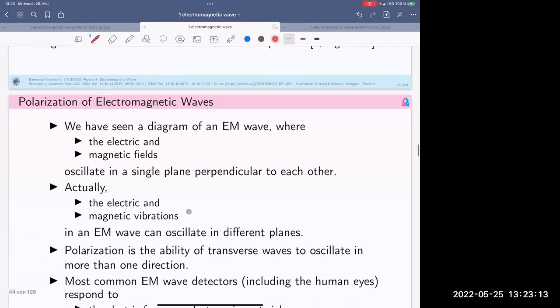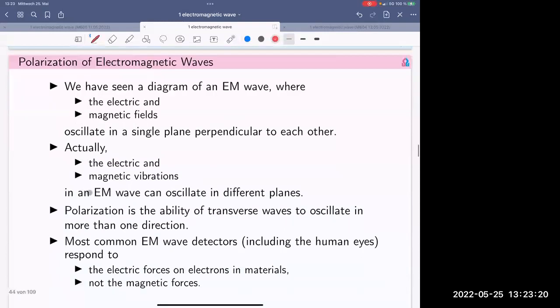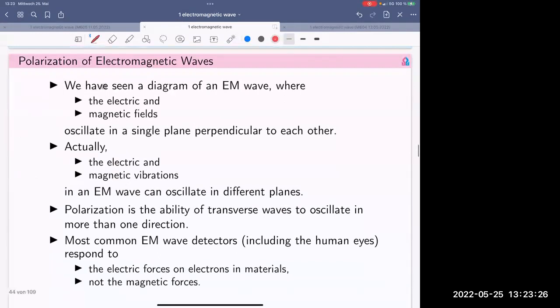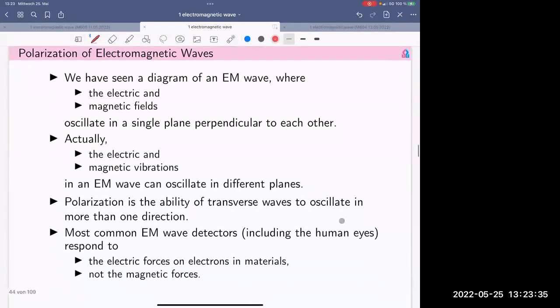The electric and magnetic field vibrations in the EM wave can also oscillate in different planes, and this is the situation we are going to see in this topic. Polarization is the ability of a transverse wave to oscillate in more than one direction.